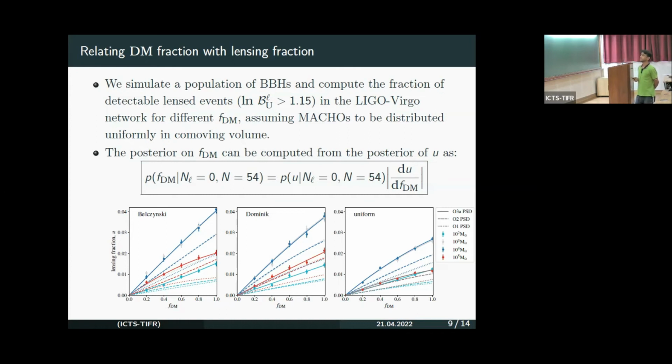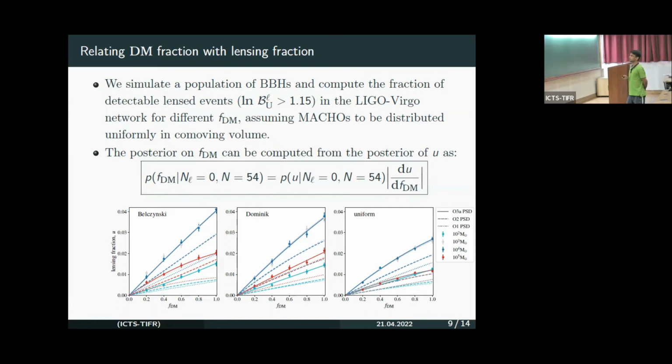The observed maximum ln Bayes factor is 1.15. From our simulation, the events which cross this threshold value we call lensed events, and we calculate the lensed events in the LIGO network for different values of f_DM.